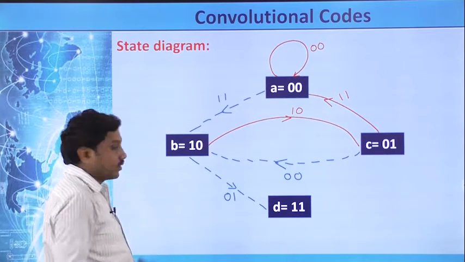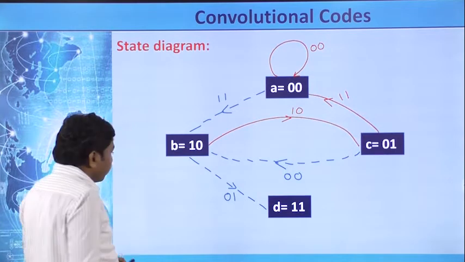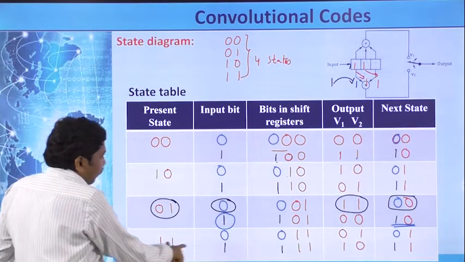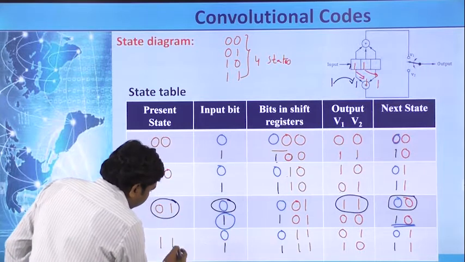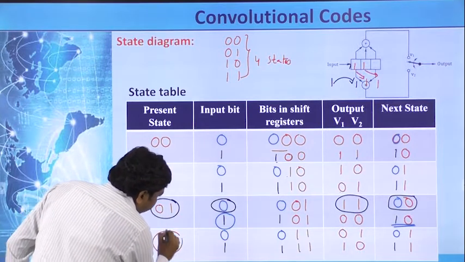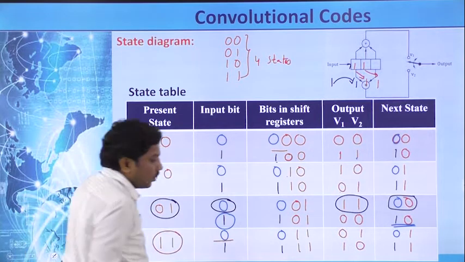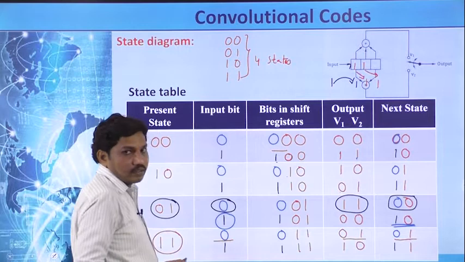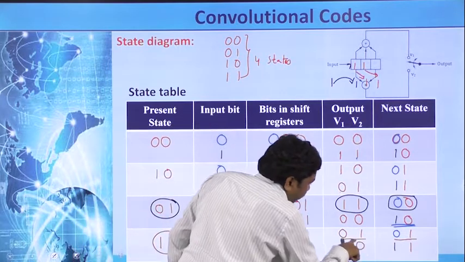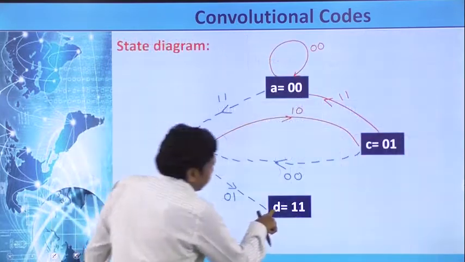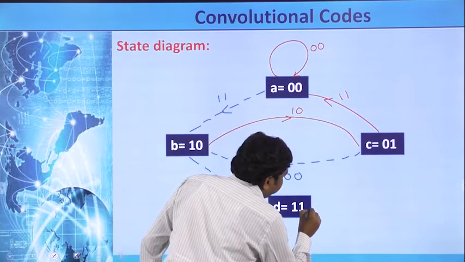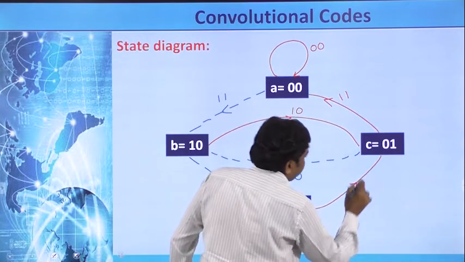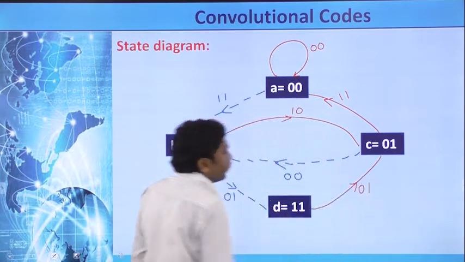Arrows represent the direction. Now the present state is 1 1. When the input bit is 0, the next state is 0 1 with the output bits 0 1.